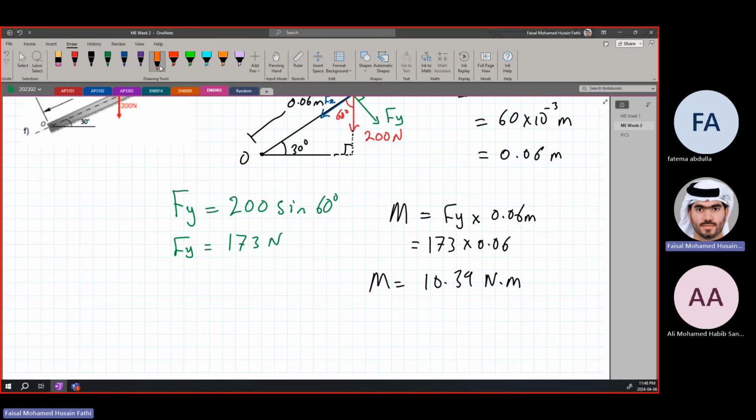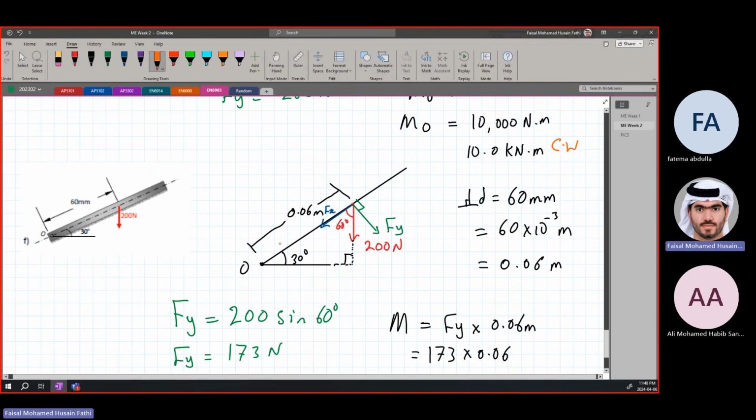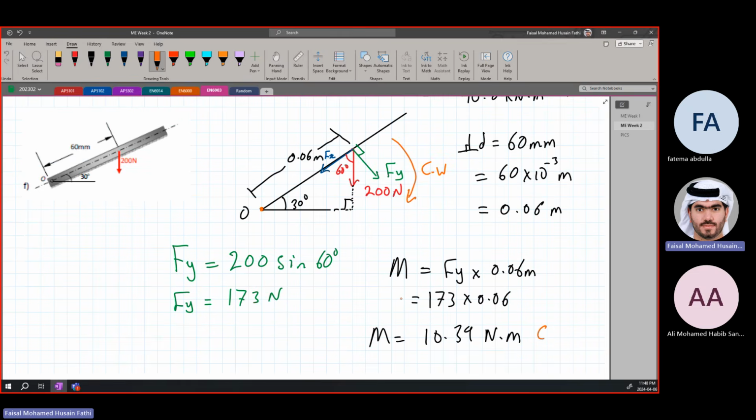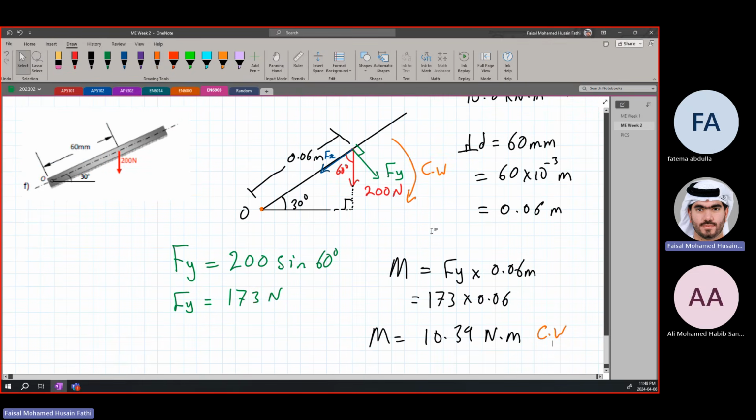What is the direction of M? We go back here and look at where the force is going. The force is applying a moment in this way, as if you're fixing point O and bending it from here. So it's going in this direction, so it's a clockwise moment, which is positive. And this is the basics of moments. Okay?